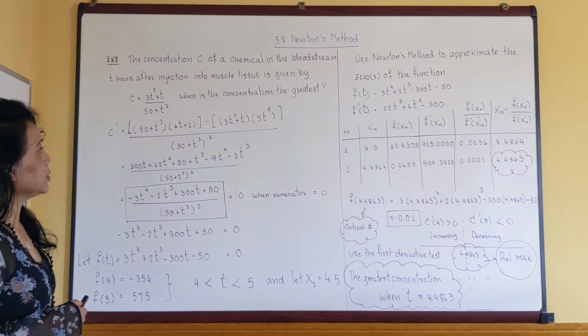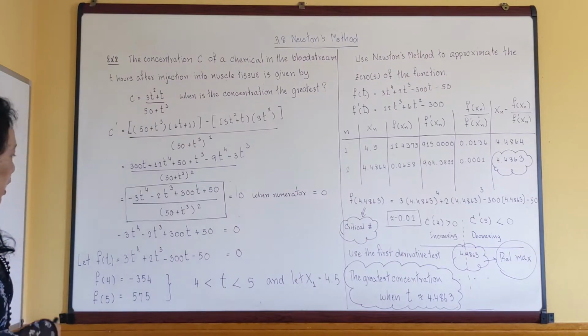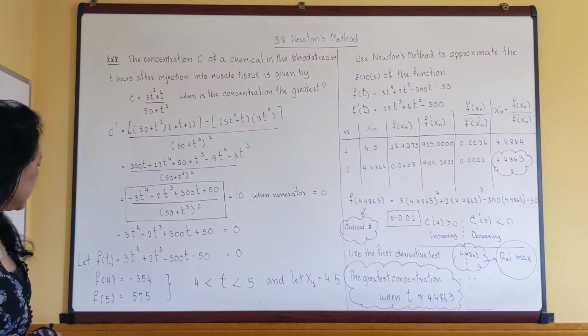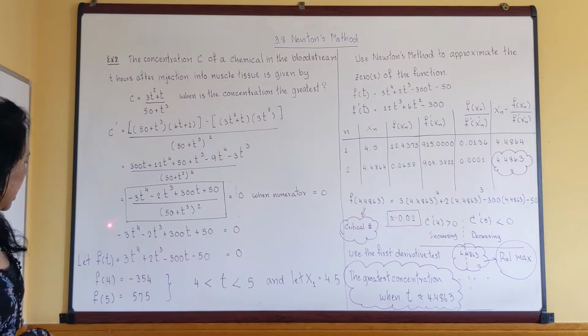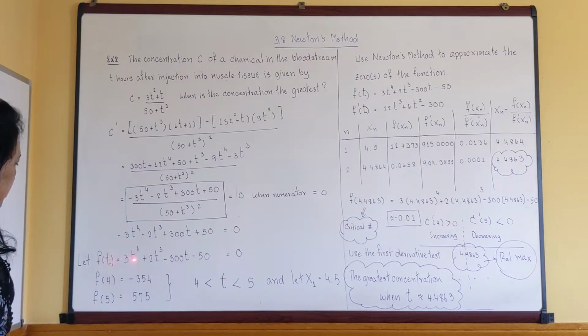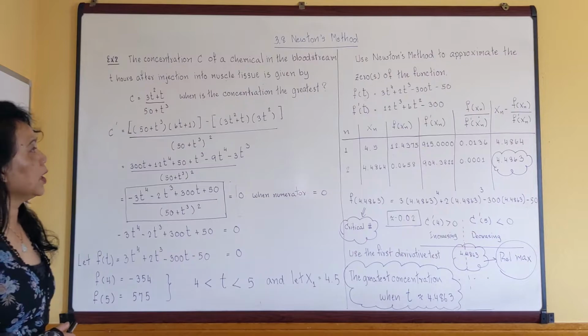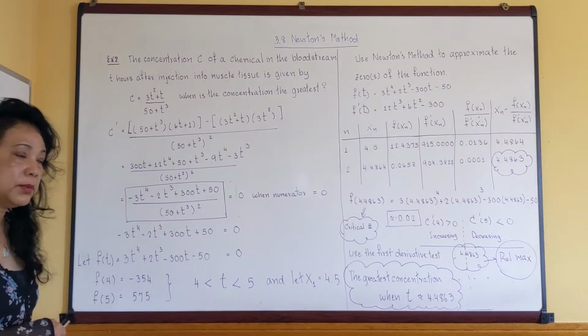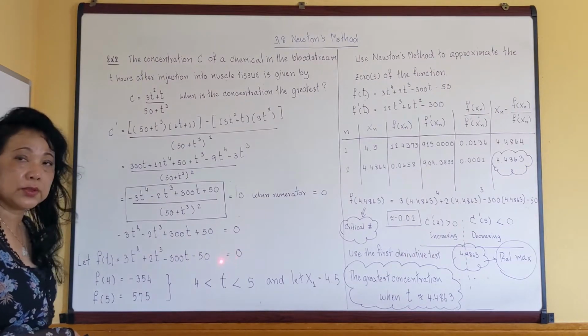So I'm going to use Newton's method. I'm just going to work with the numerator at this point. I multiply everything by negative 1 just to make it easy for myself. So I have this function, and I want to approximate what number would make this function equal to 0.